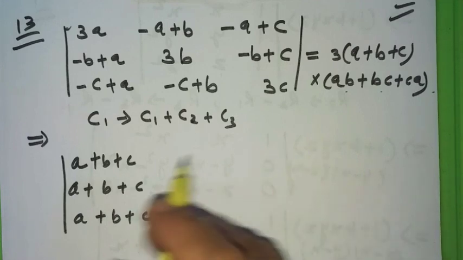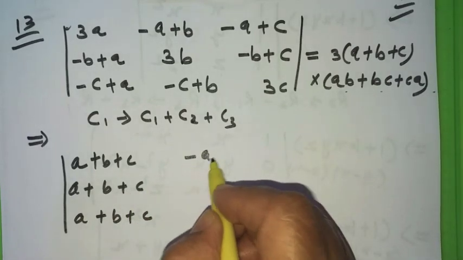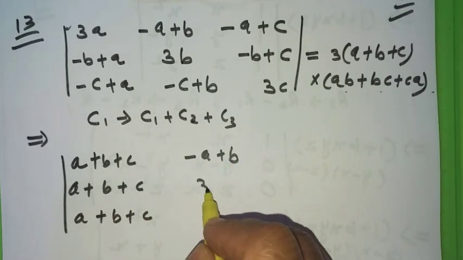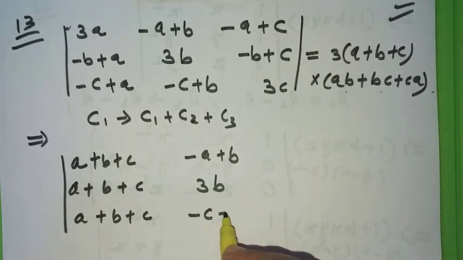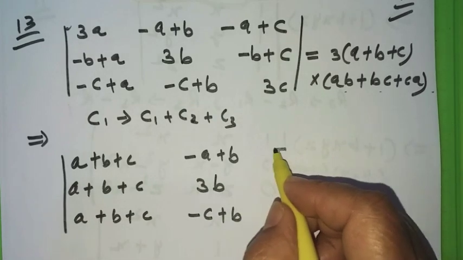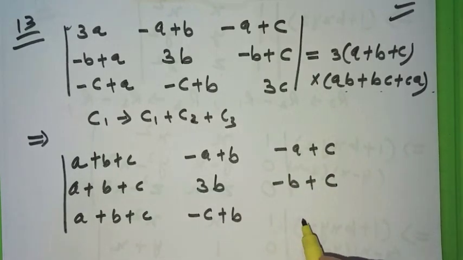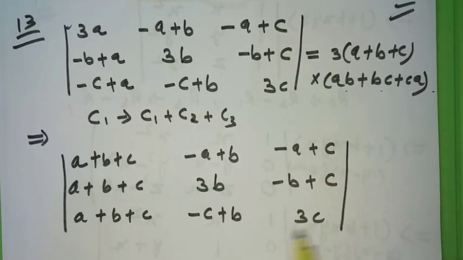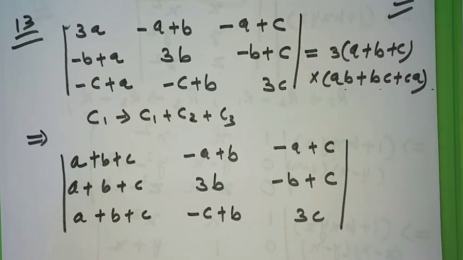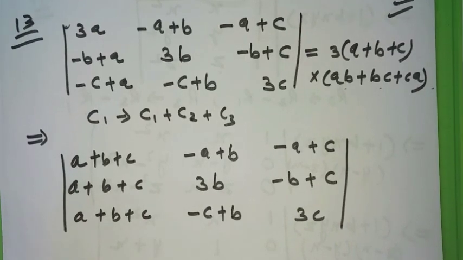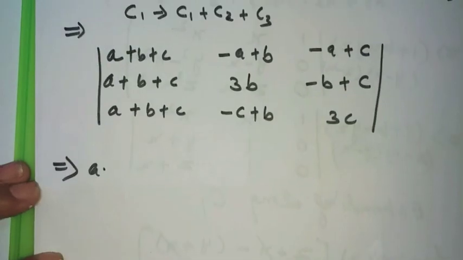And rest of the two columns I just copy. So I get minus a plus b, 3b minus c plus b, minus a plus c, minus b plus c, 3c. Now in the next step I will take a plus b plus c common.